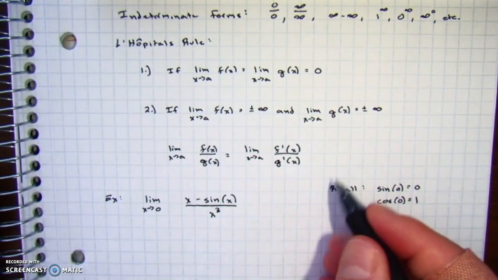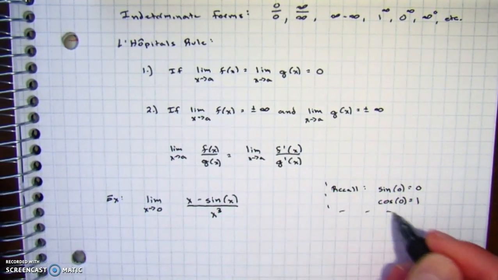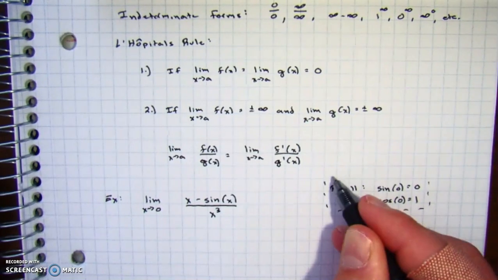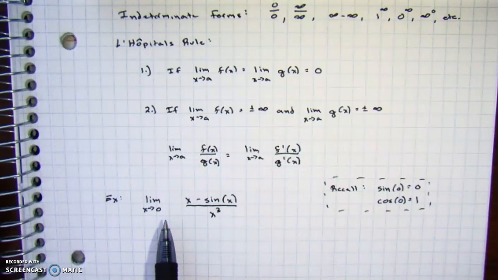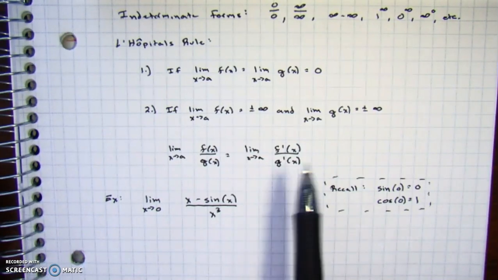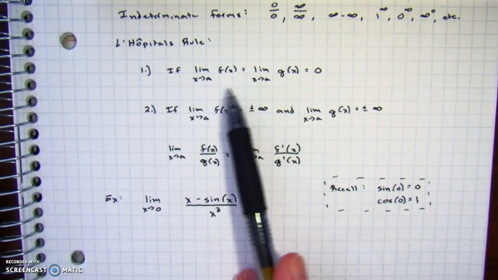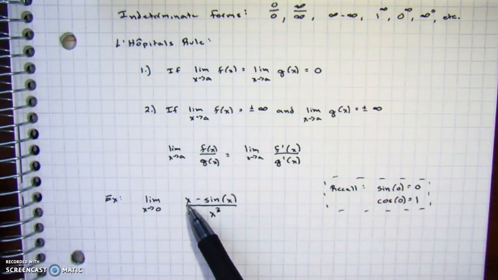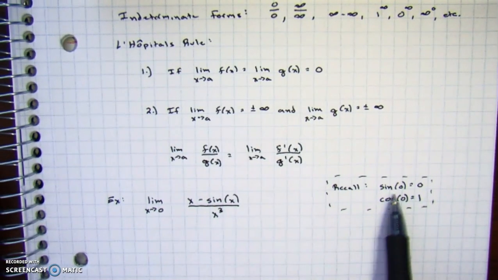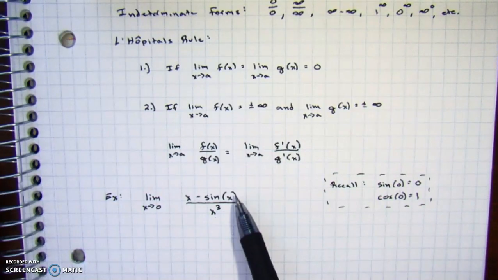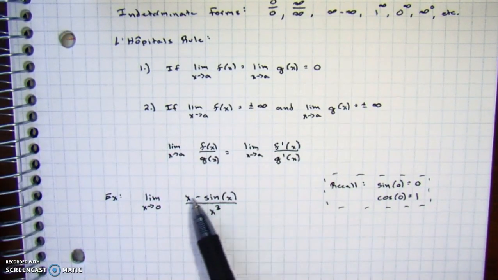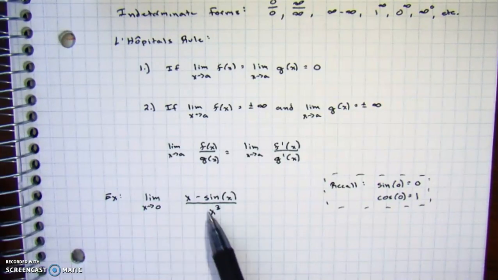So just keep that in mind. We're looking at x as x approaches 0. This first condition is met because if x is 0, you have 0 minus 0, so that's 0 over 0 cubed. The temptation would be to say, oh, obviously, this is going to be 0.